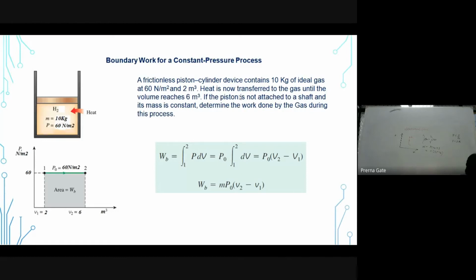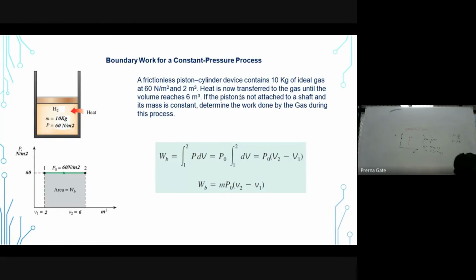If the piston is not attached to the shaft and its mass is constant, you have to determine the work done by the gas during this process. I would appreciate it if students pause the screen and try to solve this question.